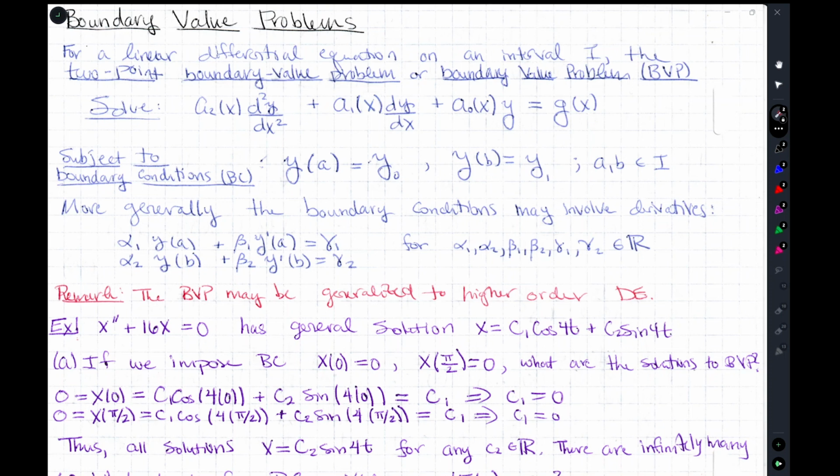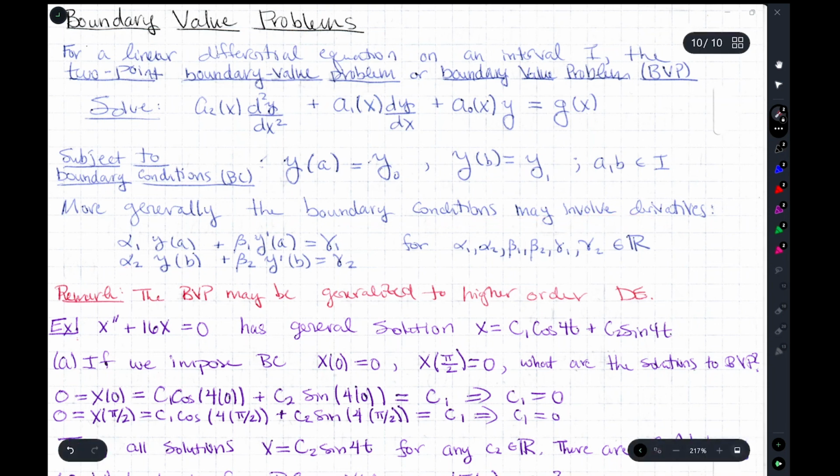Or you could specify the position at some initial point and the velocity at some future point. Or specify the velocity at some initial point and the position at a future point. All of those are boundary value problems.